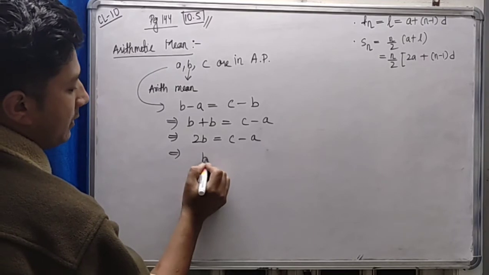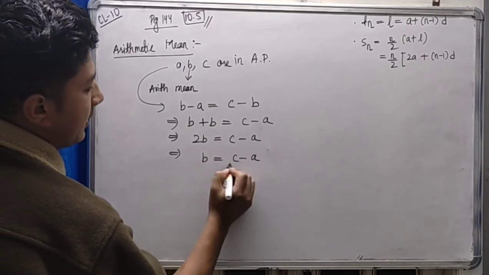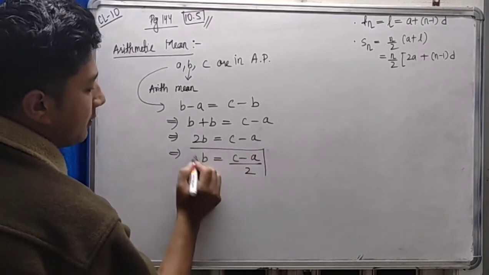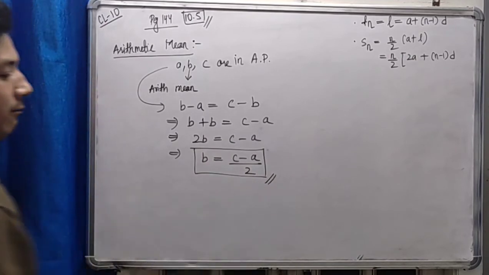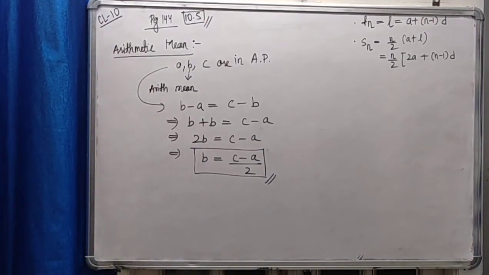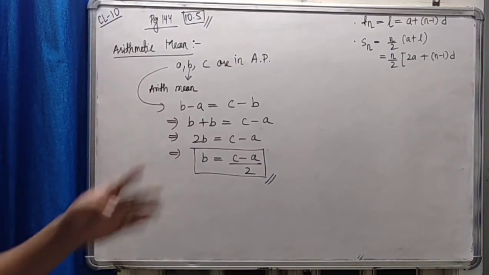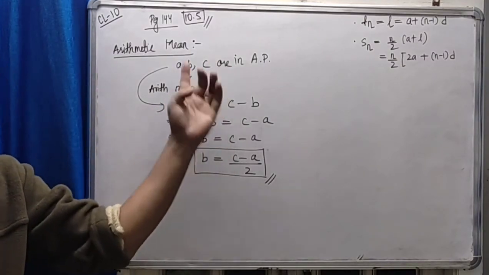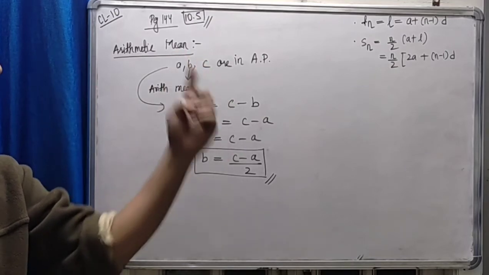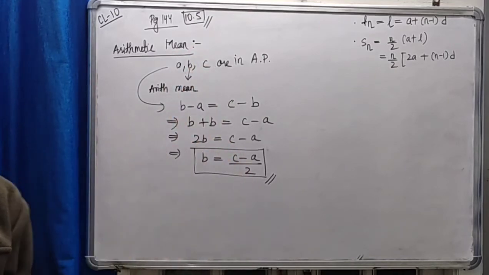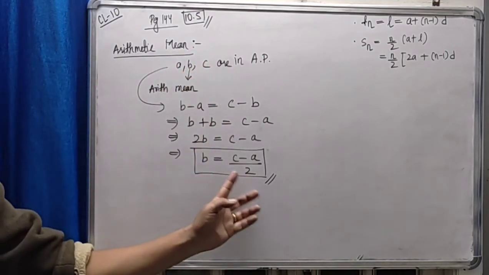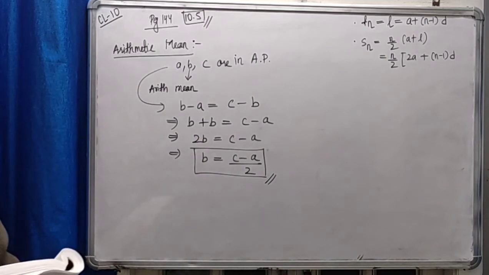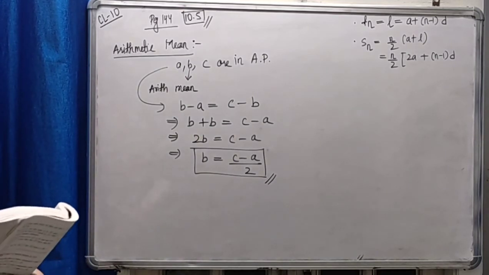So therefore b is equal to a plus c divided by 2. So this is the formula for arithmetic mean. If 3 numbers are in AP, then the middle number is called the arithmetic mean between a and c, or between the first and the third, and the formula is given by this: first plus third divided by 2.